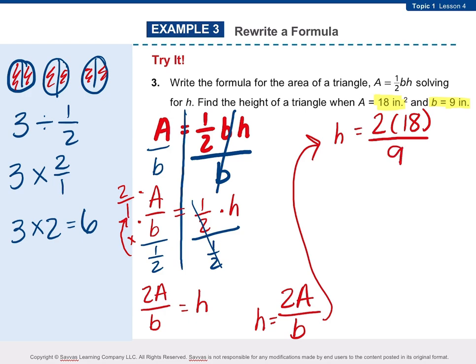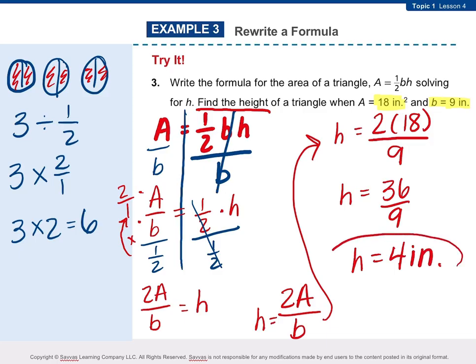So h is 2 times 18. I'm doing PEMDAS now. It's 36 over 9. So h is 4. And I want to have a unit on it because it said find the height. So my area is in inches squared and my base is in inches. So my height should be also in inches.